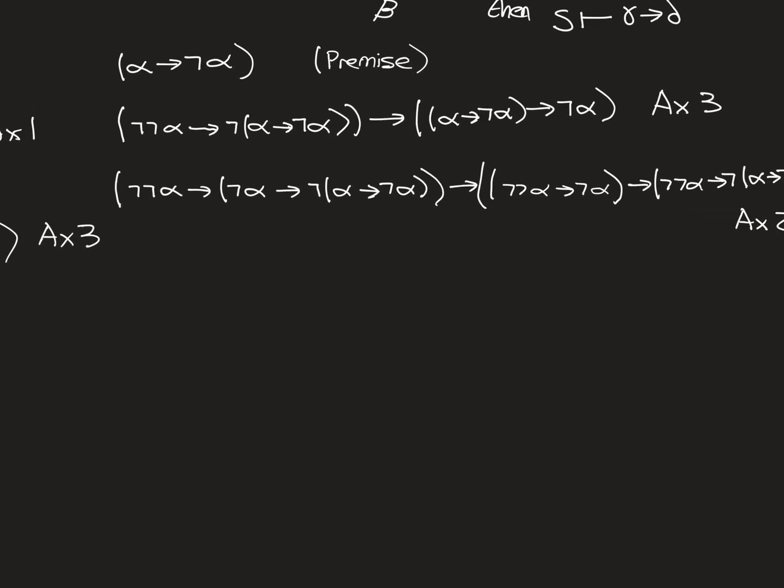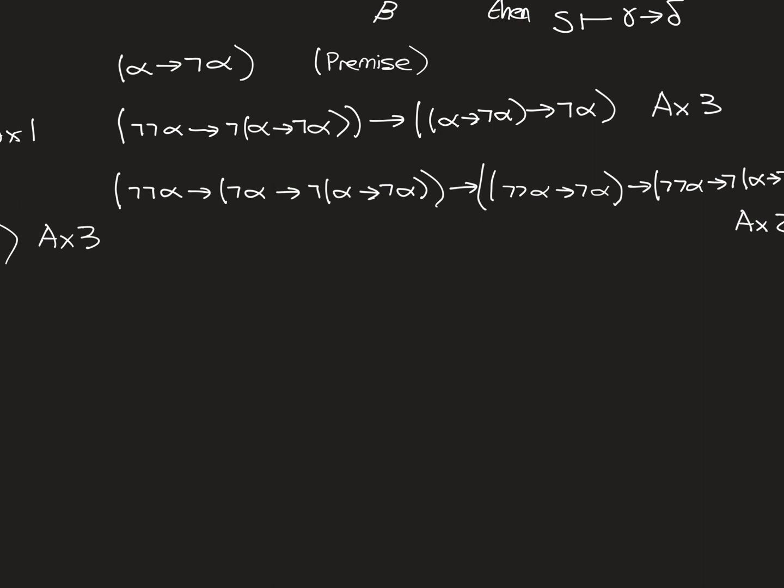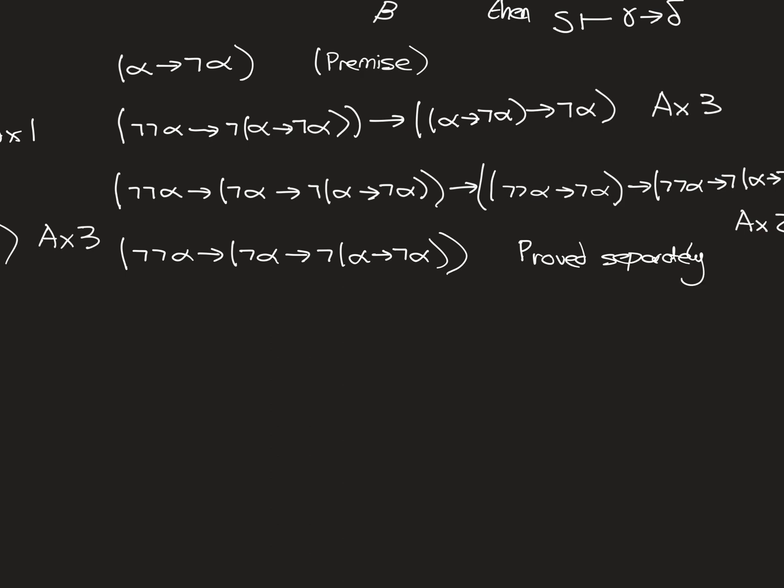So what we're now going to do is use the fact that we know that thing is provable here. So we're going to just now stick in not alpha implies not alpha implies not alpha implies not alpha, which we've just proved separately. And now we can apply modus ponens because we've got the antecedent of this huge great implication here.